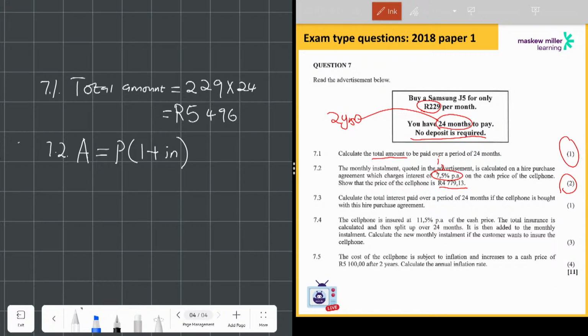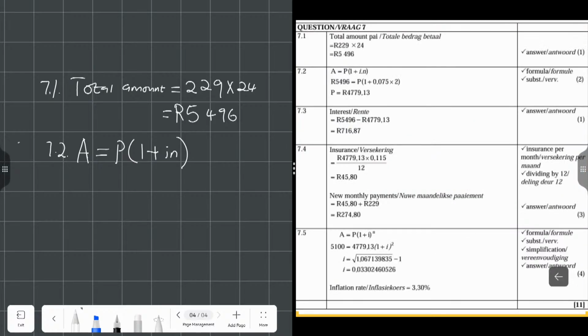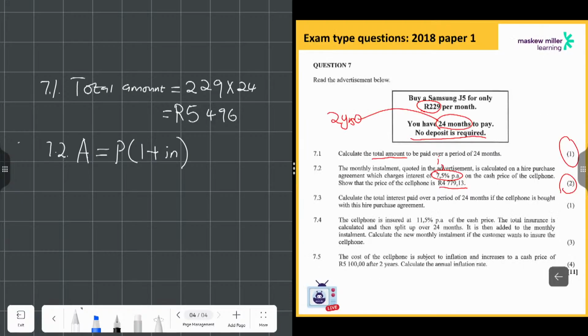We want to prove the point that the total amount of all this is not 5,496, but rather 4,779 and 13 cents. So we will use the amount that you have calculated in 7.1. That will now become your A value, which was your total amount.